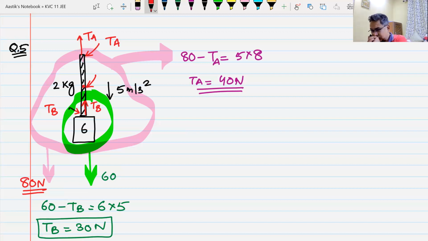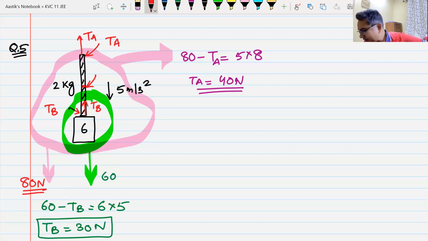What is the tension at the middle point of the rope?